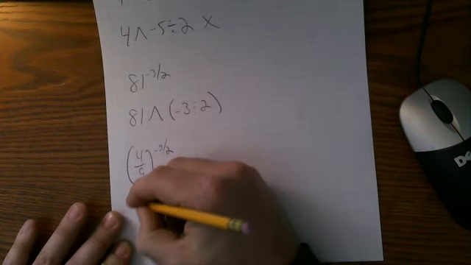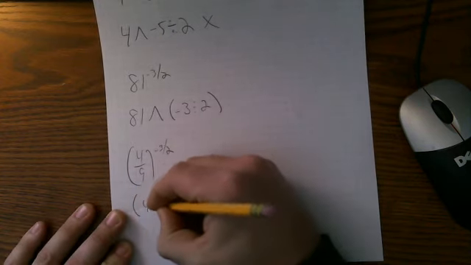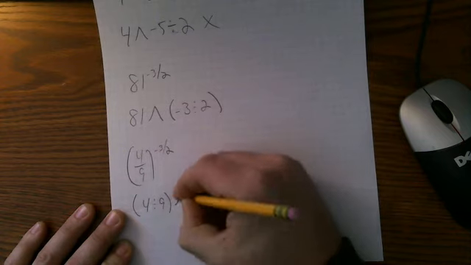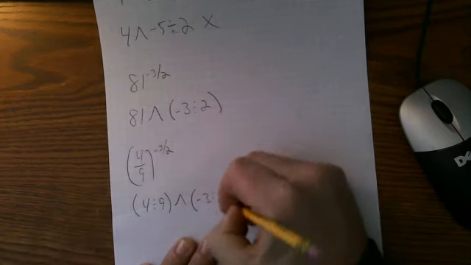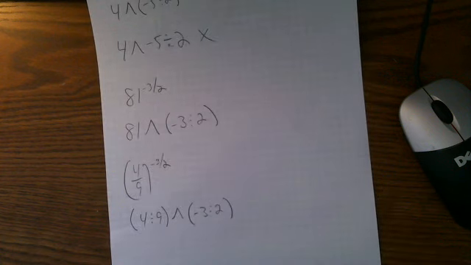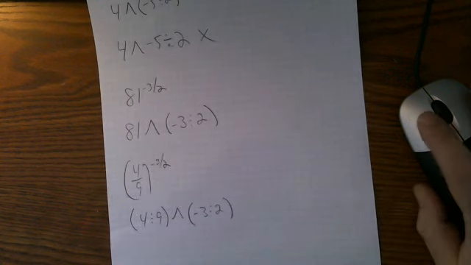If we want to evaluate this in our calculator to verify, not to complete, we would have to use parentheses for both. 4 divided by 9, to the open parentheses, -3 divided by 2. Notice how they're both in parentheses here. So that's the important part about evaluating with your graphing calculator.